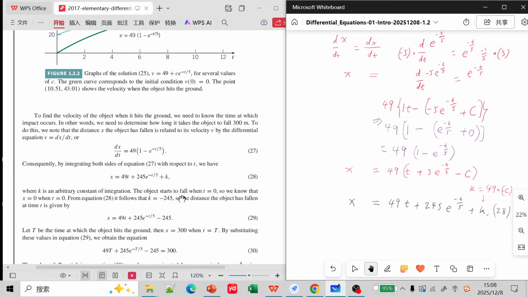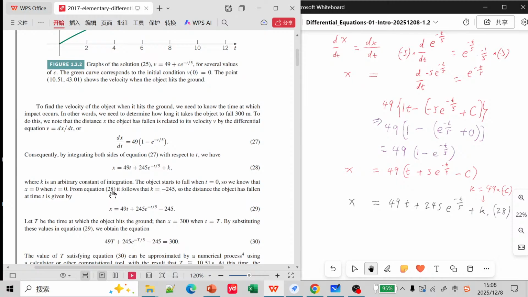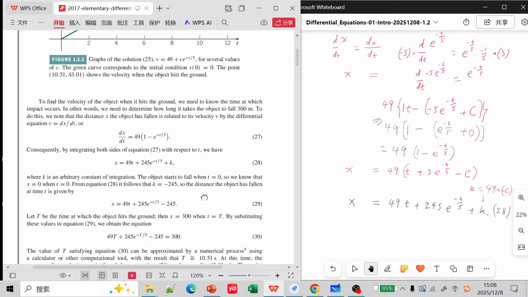The object starts to fall when t is equal to 0. So we know that x equals 0 when t is equal to 0. From equation 28, it follows that k is equal to minus 245.